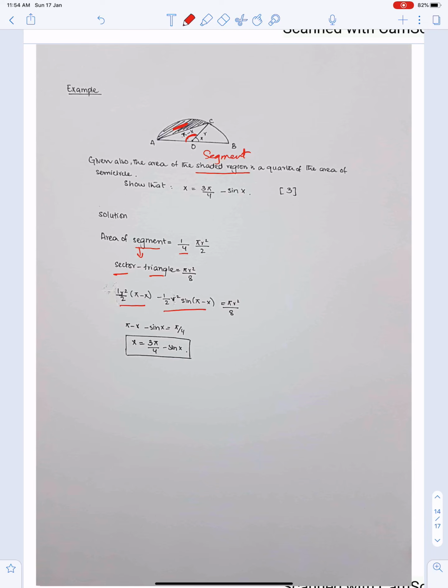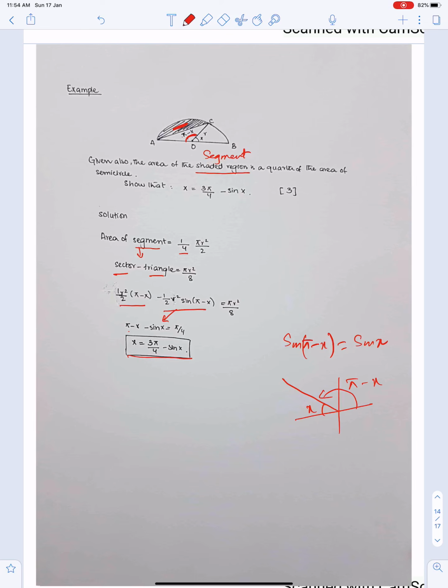And you know sine of pi minus x is positive sine x because it is in the second quadrant. So this is half r square sine x, and this is half r square times pi minus x. You can take half r square common and then you can prove this.